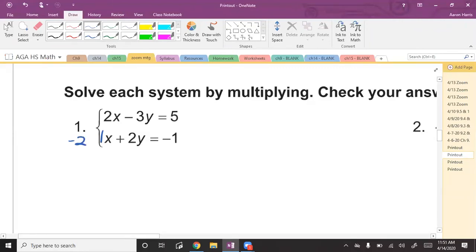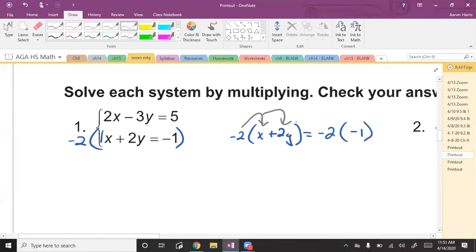So I'm going to take negative 2 and I'm going to multiply this whole bottom. Negative 2, parentheses, x plus 2y equals negative 2 times negative 1. So let's figure this out. All right. Let's distribute. What is negative 2 times x?